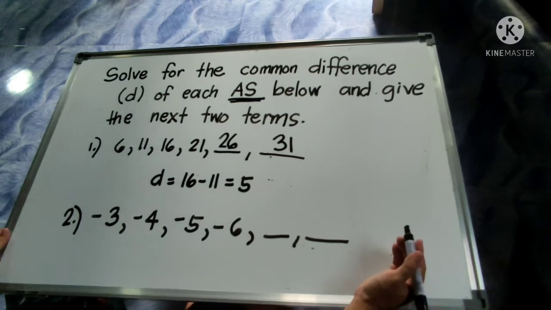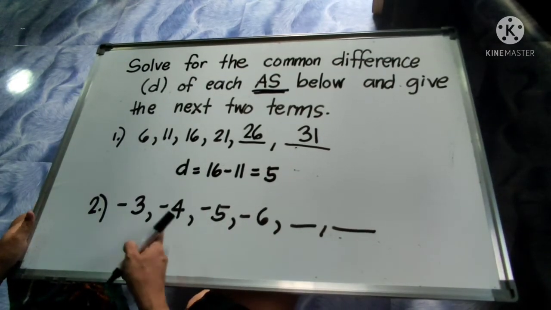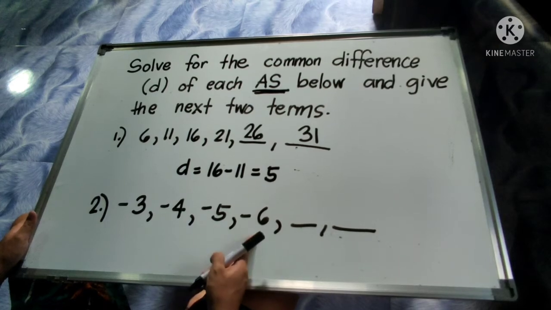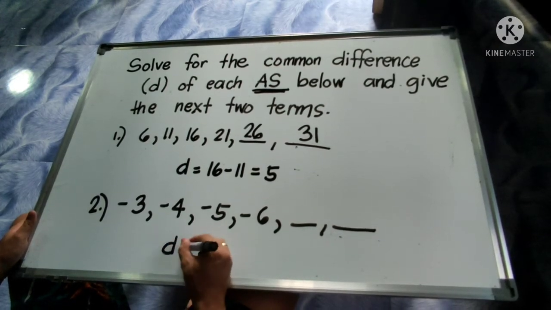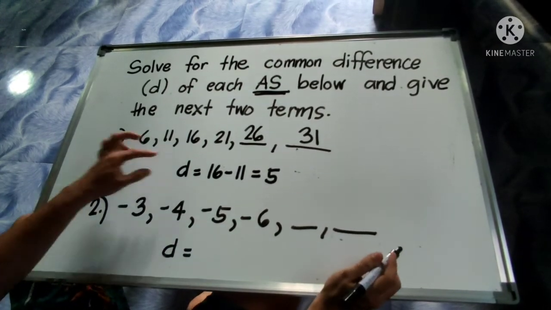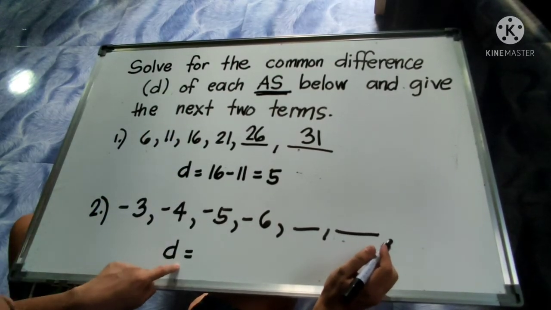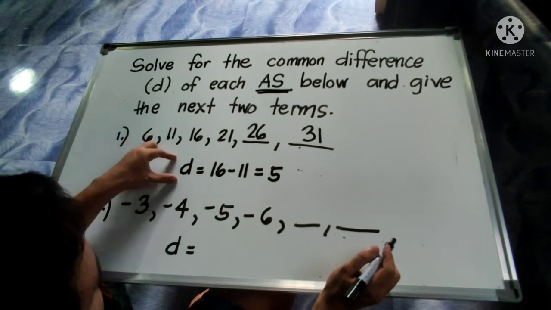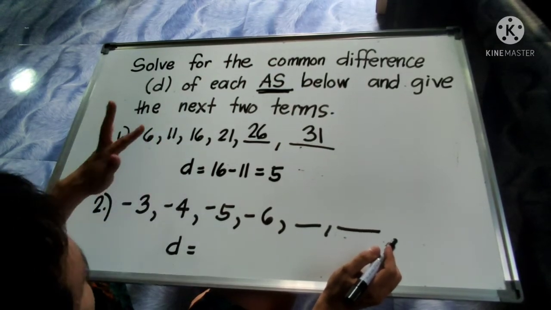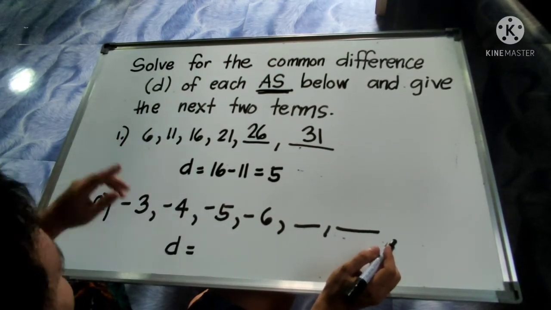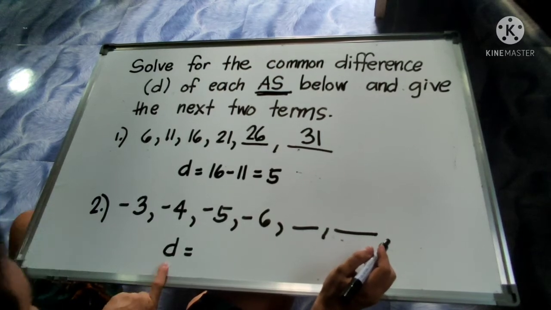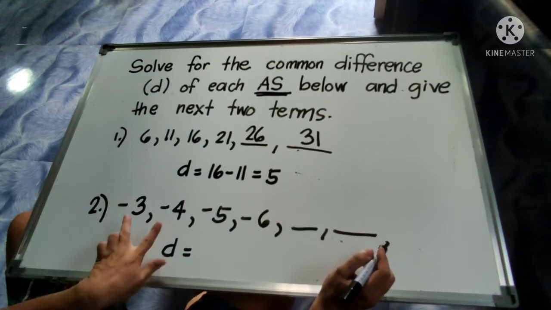Now let's proceed to number 2. Given negative 3, negative 4, negative 5, negative 6. Get the common difference. So I just put here letter D, not D sub 1, D sub 2, because it is already the common difference, not just a mere difference. So just D is enough. Choose any two. Let's say I'll choose this.